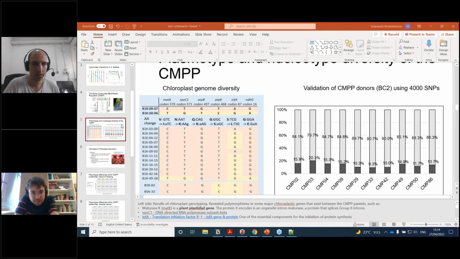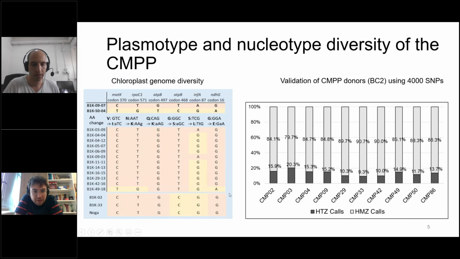Which slide? 5? Yeah, the slide that you are showing right now. I'm trying to read the table with the nucleotide substitutions, and it seems that there is one parental line, or at least one line, which is B1K4918, the last one. Okay.